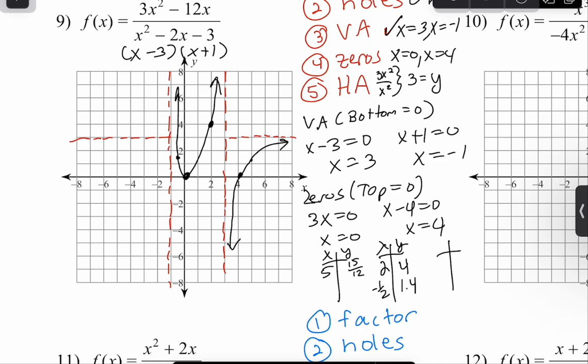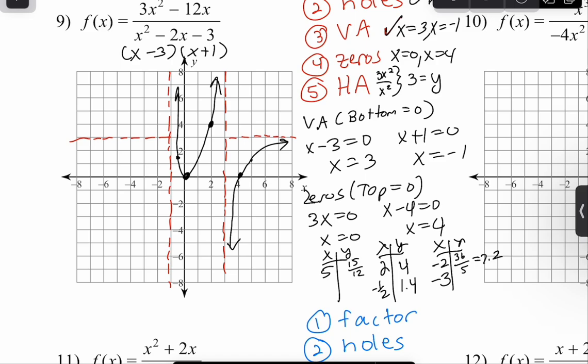And then finally, I need some points over there somewhere. So let's plug in negative 2 and negative 3. If I plug in negative 2, let me tell you what I get. I get 36 in the top over 5, which is 7.2.